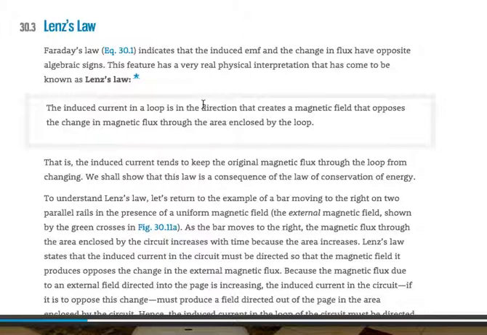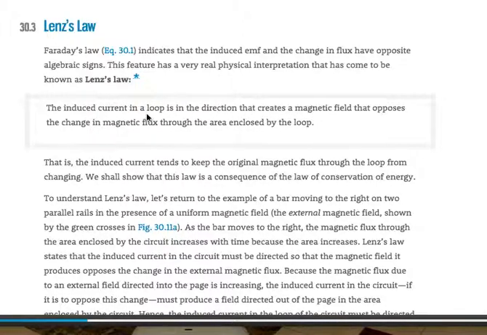So Lenz's law. Faraday's law says that a changing magnetic flux will produce an induced EMF that will then try to counteract the change of flux. But Lenz's law really talks about the direction of that induced EMF.